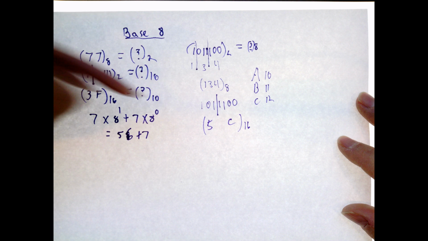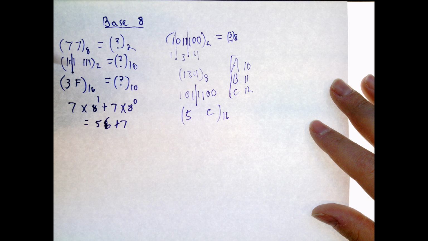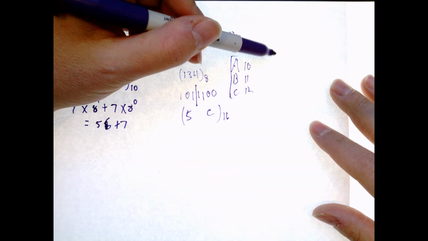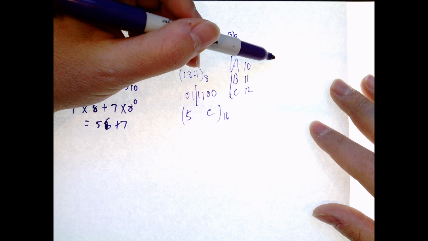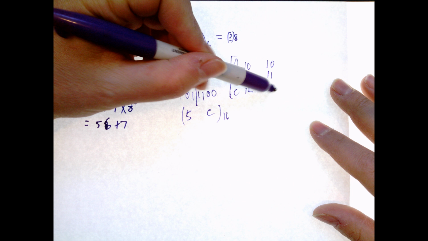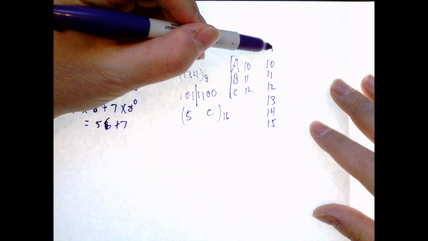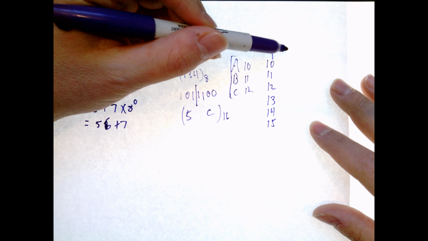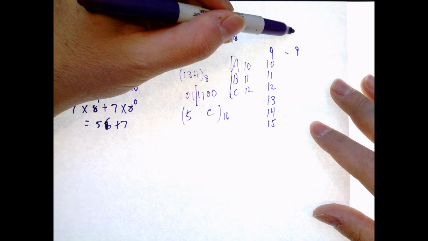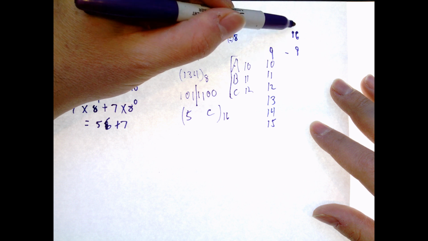Well, how did we get this over here? Well, we know that in hexadecimal, we number 0 through 9. And then we have 10, 11, 12, 13, 14, and 15. 9 corresponds to 9 in base 16.